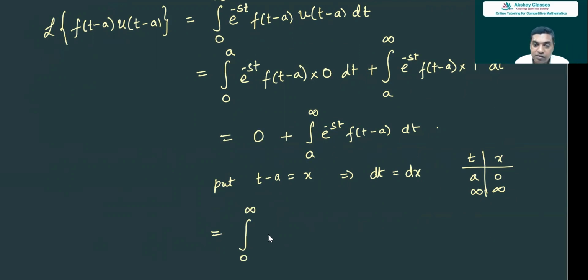And e power minus s into t. t is a plus x. Now this is f of x dx.